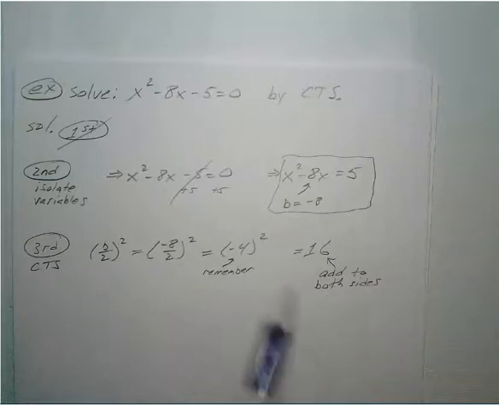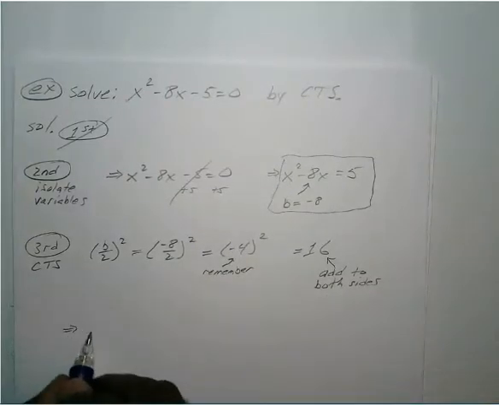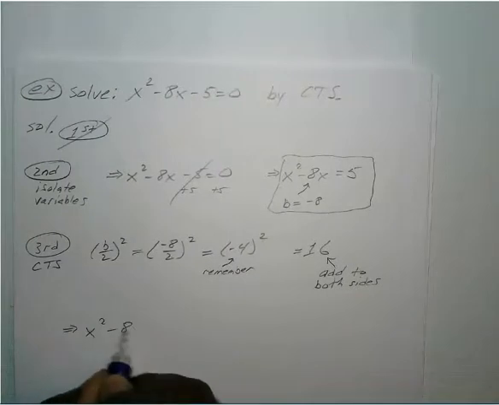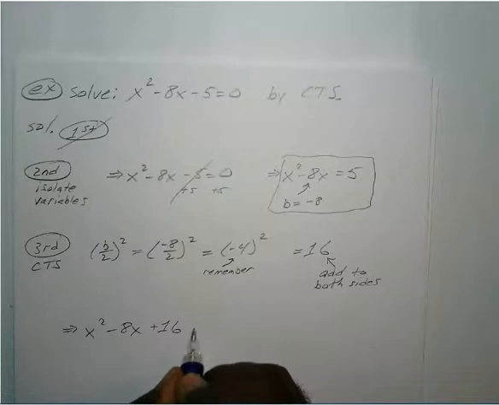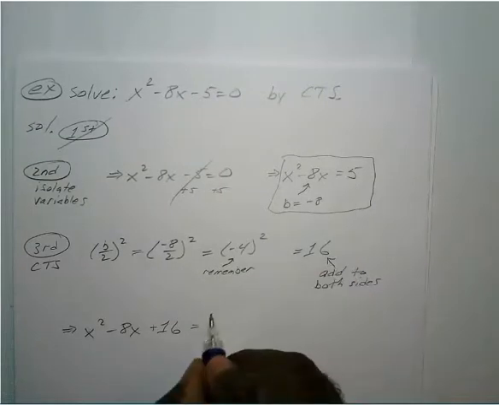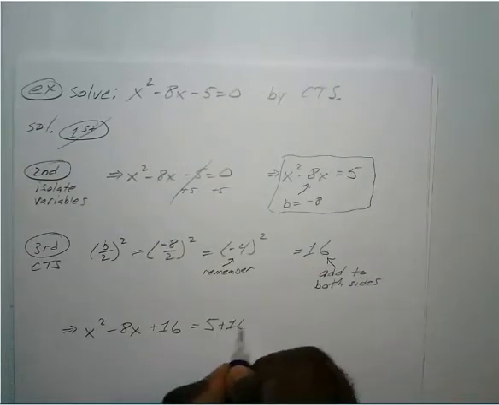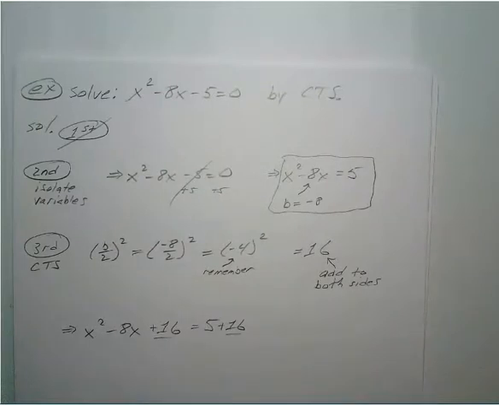So since we're adding that to both sides and using this equation here, we have x squared minus 8x plus 16 equals 5 plus 16. So all we did was add 16 to both sides.